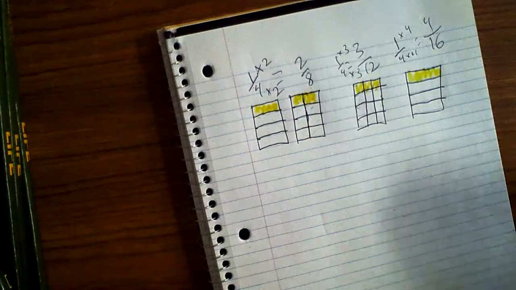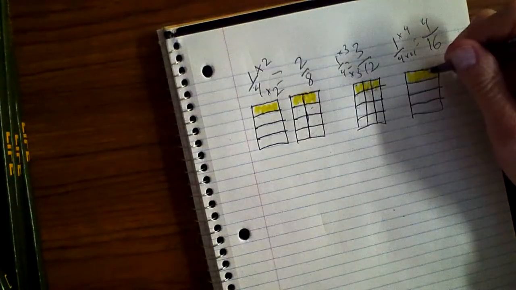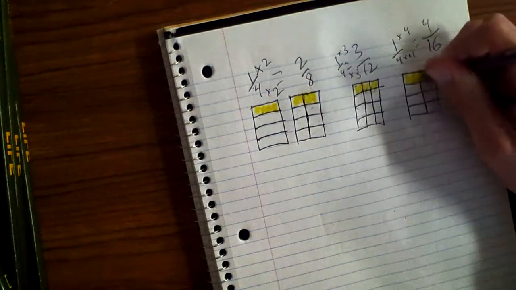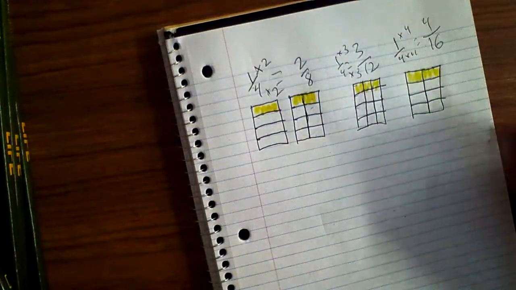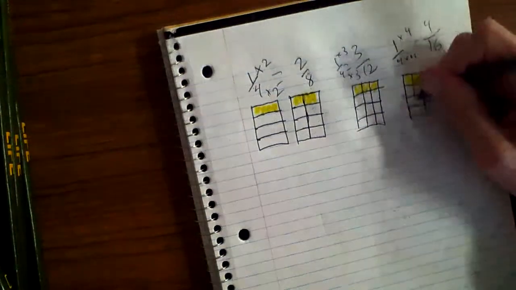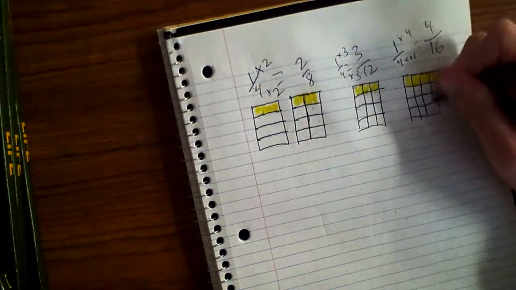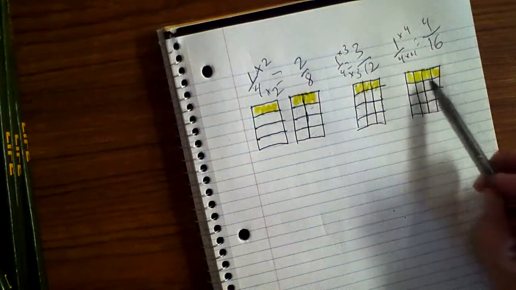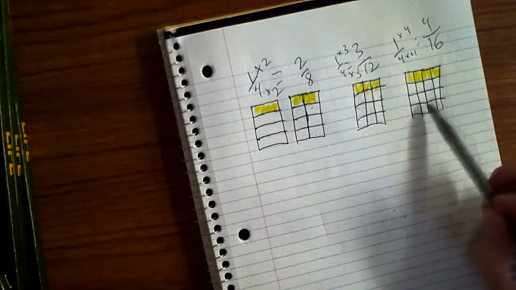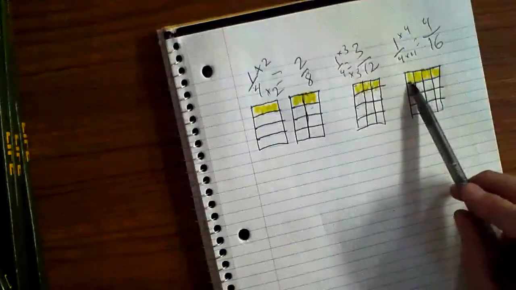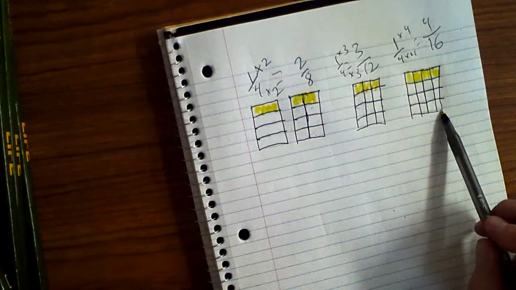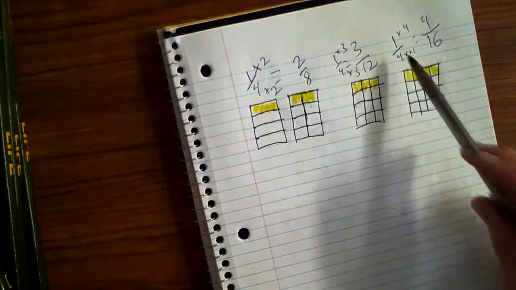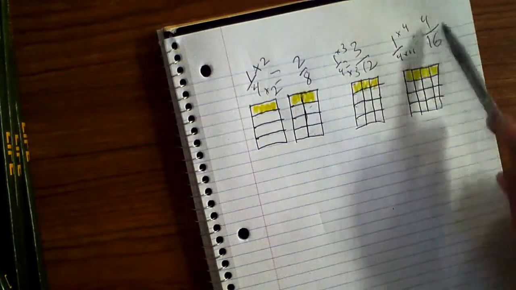So how about we double it like that first, and then we just multiply it by 4. 1, 2, 3, 4, 5, 6, 7, 8, 9, 10, 11, 12, 13, 14, 15, 16. And 1/4 of those 16 are shaded in. So it shows that 1/4 multiplied by 4 and 4 is 4/16.